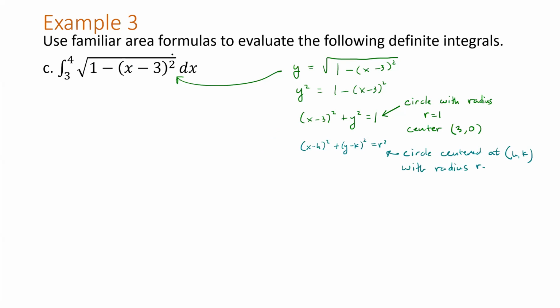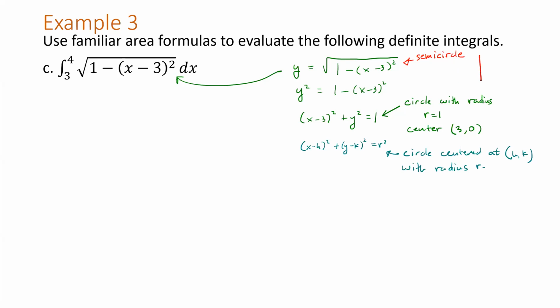So we in fact see that this is not the whole circle, but it's actually a semicircle. So the graph here is a semicircle. The reason it's a semicircle is because when we take the square root here, we're only getting the positive values of y. It's the part that's above the x-axis.